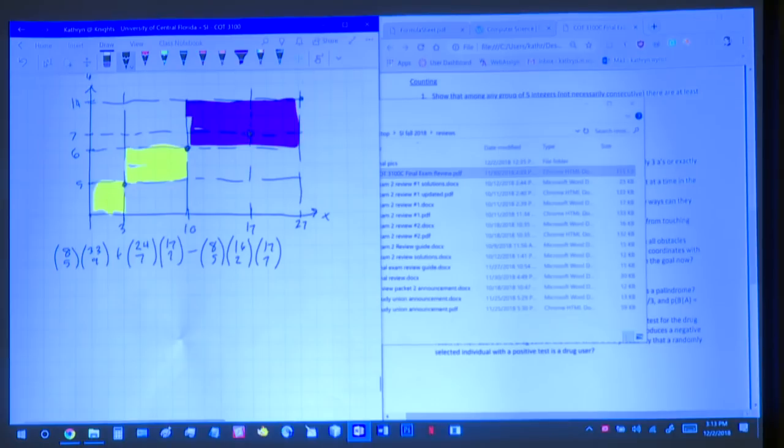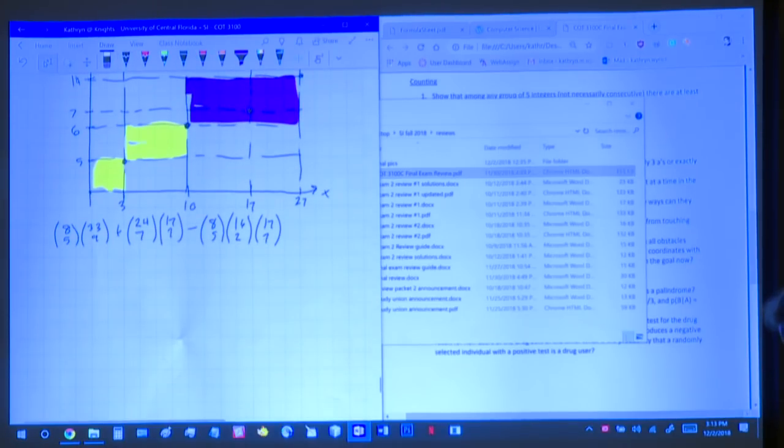going through 10,6. So we'll start with the total paths to 10,6, and that would be 10 plus 6 equals 16, and we'll choose 6.